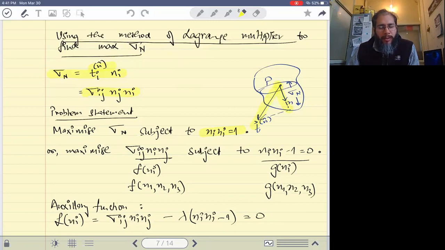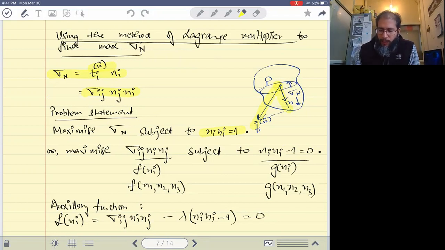That is equivalent to finding the three components of the normal direction for which you get a maximum sigma n. So variables in this case are n1, n2, and n3, or n_i, which is three variables.